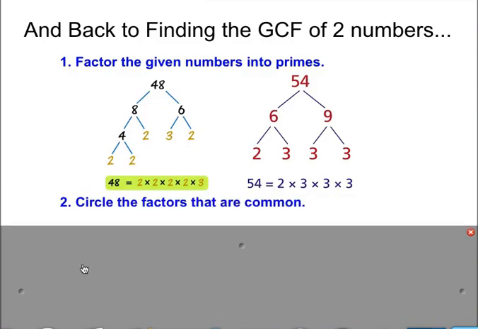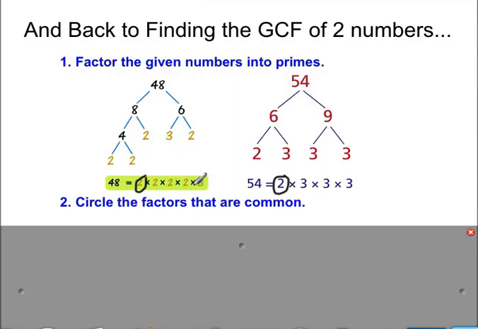Once you have your prime factorizations of each number, you want to circle the factors that are common. So there's a 2 that goes with 48, and there's a 2 that goes with 54. There's more 2's with 48, but I can't circle it on the 54 factorization because it doesn't match.